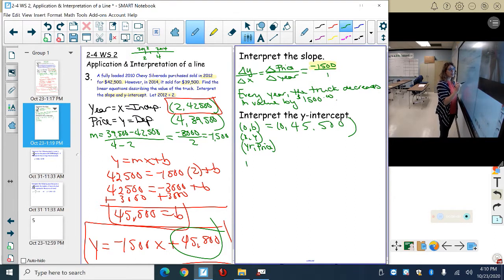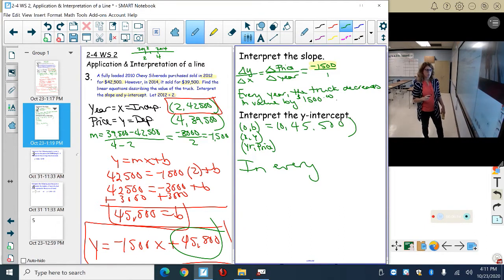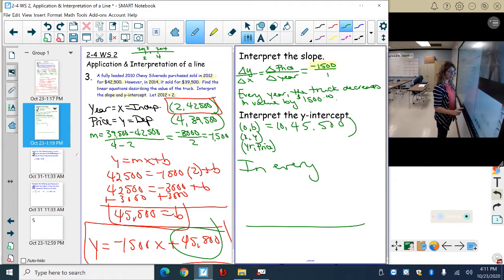So that means in year, what does 0 represent? I need to figure that out, right? So if 2 is 2012, what's 0? Well, I'm going to go down my years, so that's going to be 2010.